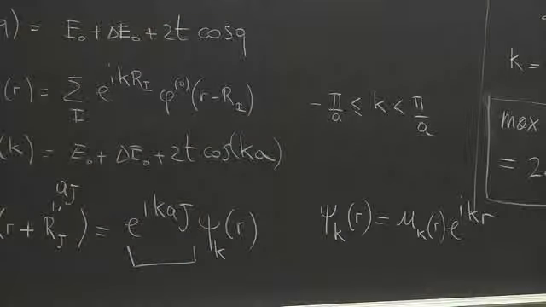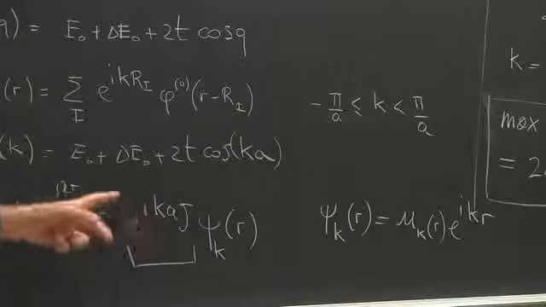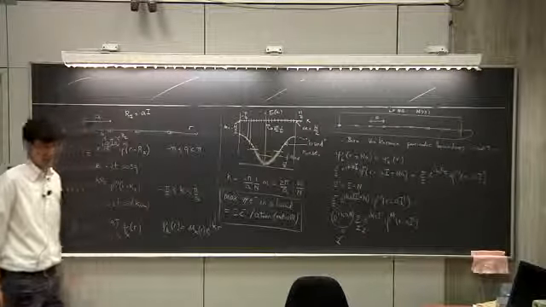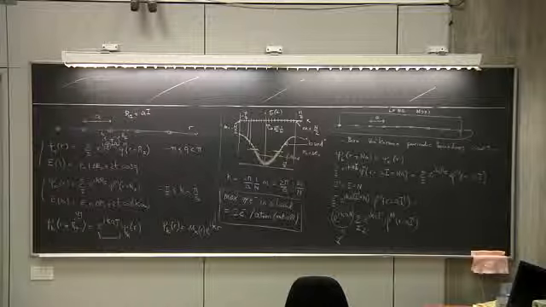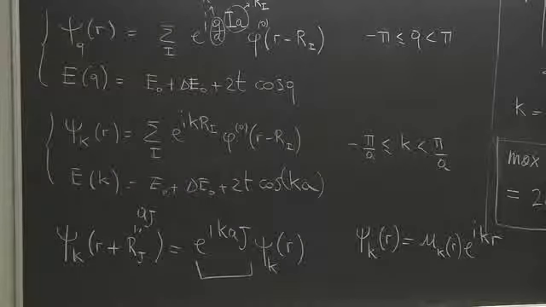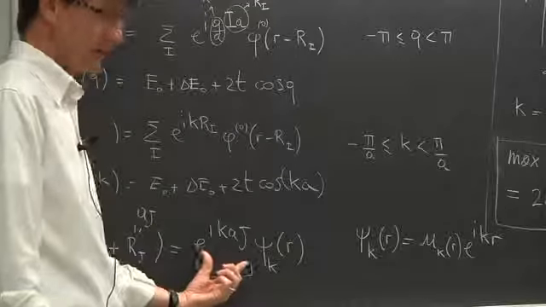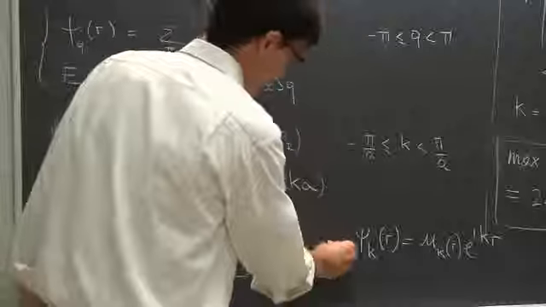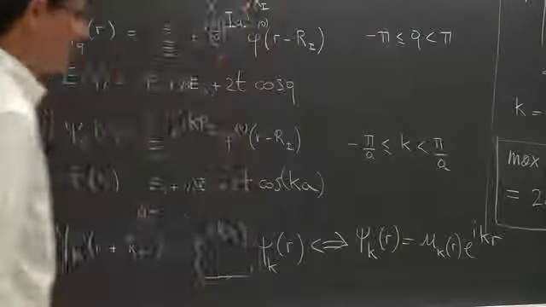When I say that if I translate my wave function, it goes back to itself acquiring a phase, I'm just saying that the wave function is a periodic part times a phase. The periodic part is what remains, and the phase is what is acquired every time I move by a given amount of steps. It's the same statement.